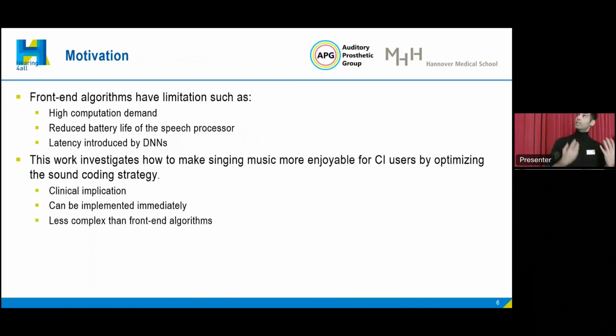So in this study, we were looking at how we can optimize the sound coding strategy, which I presented before, which has benefits: it can have a clinical implication, can be implemented immediately, and is less complex than the front-end algorithms.